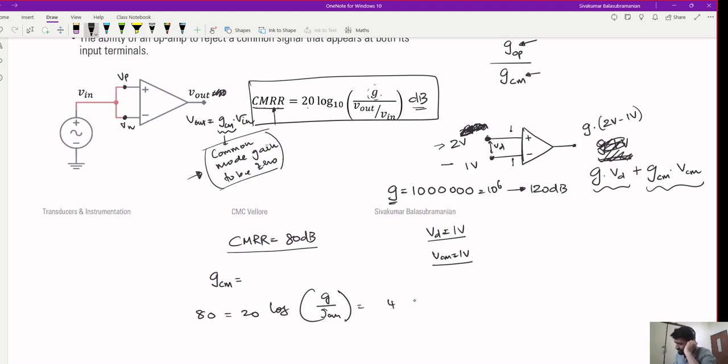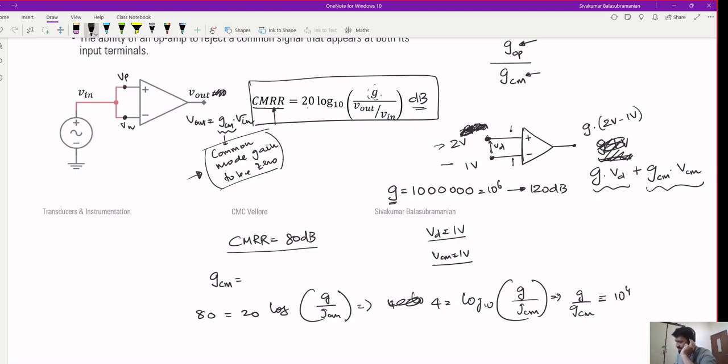So we get 4 equals log 10 of G by GCM. That means G by GCM is what? What is this equal to? 10 power 4.